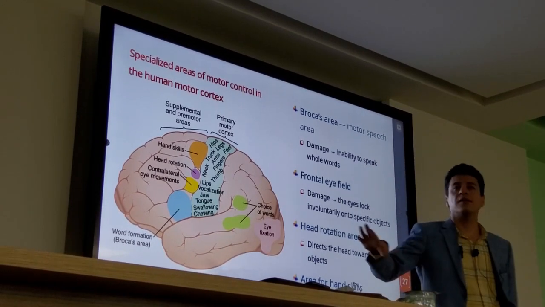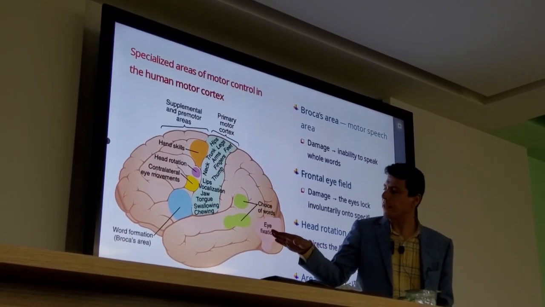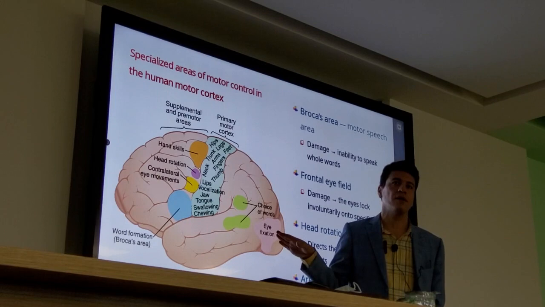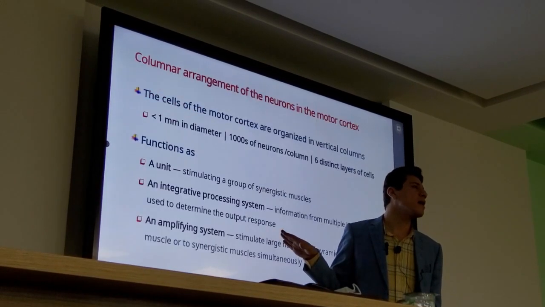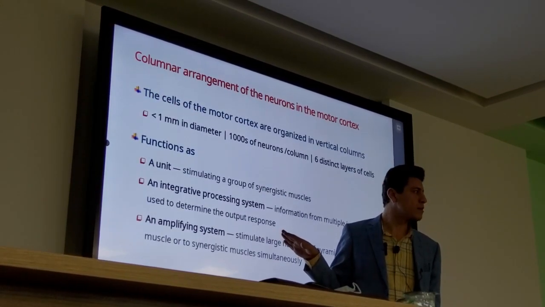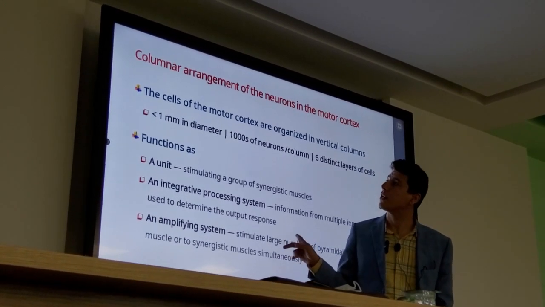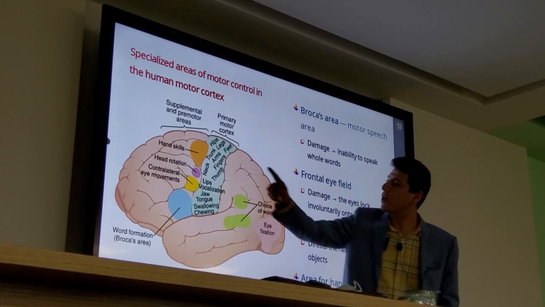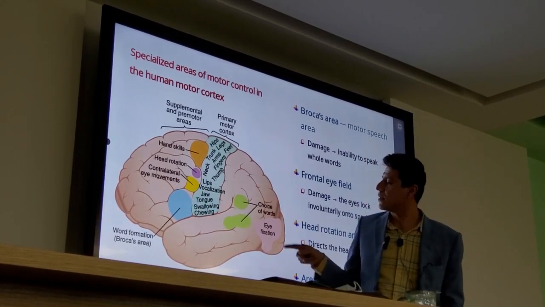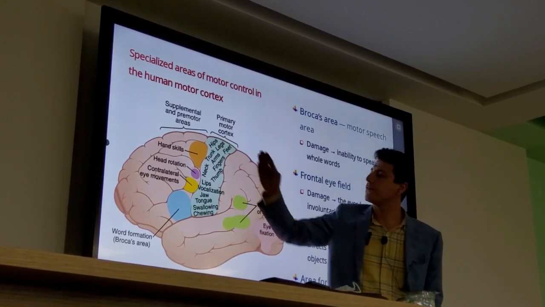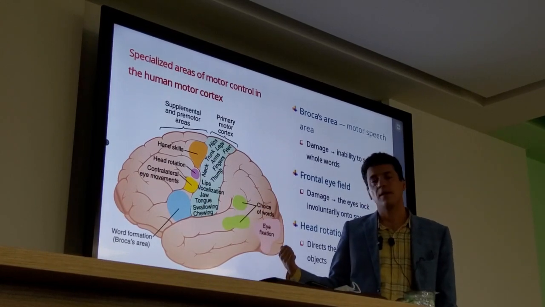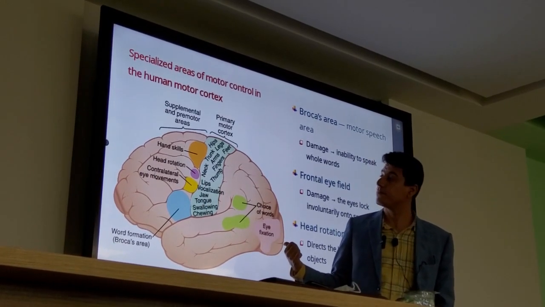But there is another area in the brain here, eye fixation area, which moves the eye involuntarily, right? So everything happens here involuntary. So voluntary eye field, involuntary eye field, frontal eye field, occipital eye field.